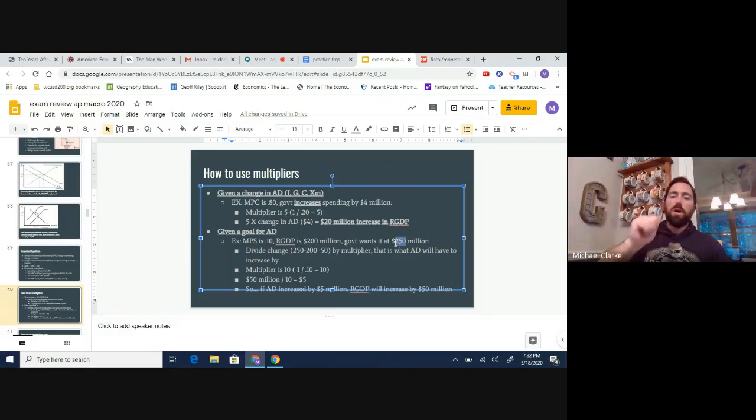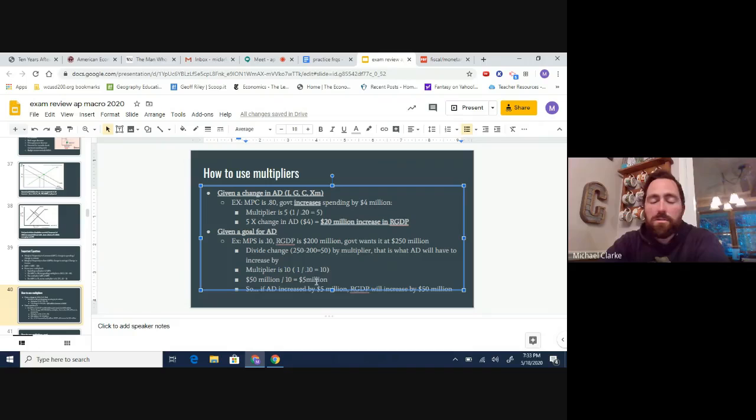What you would do, again, first, find the multiplier. Multiplier is 10, because if the MPS is 0.10, 1 divided by 0.10 is 10. Okay? You're going to divide that goal of $50 million by the multiplier. Goal divided by multiplier, and what you're going to get is $5 million.